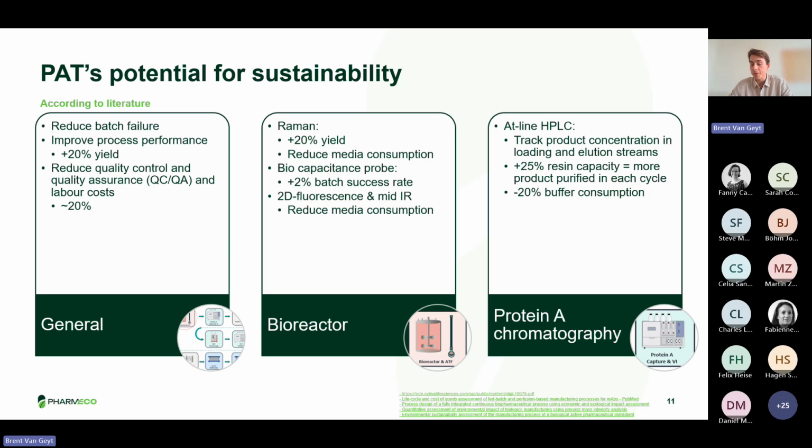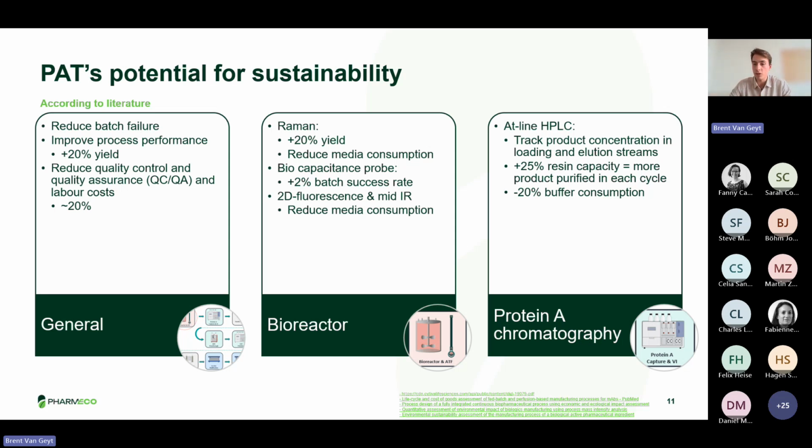Then if we look more closely at PAT in protein A chromatography, at-line HPLC can constantly track the product concentrations in loading and elution streams. Also, it increases the resin capacity by 25%. This makes sure that we get more product purification in each cycle. It can also reduce the buffer consumption by 20%.